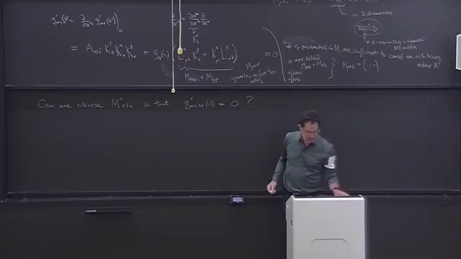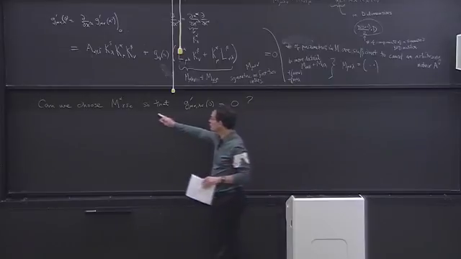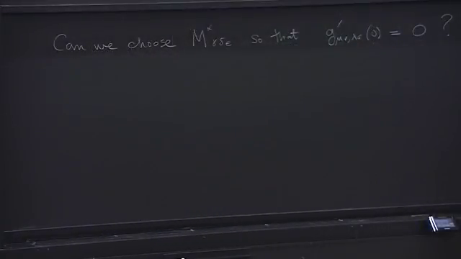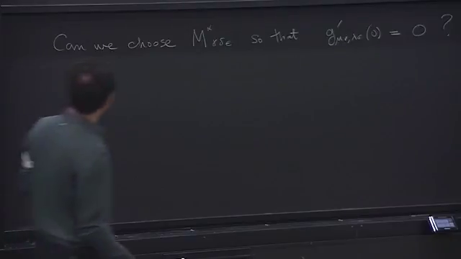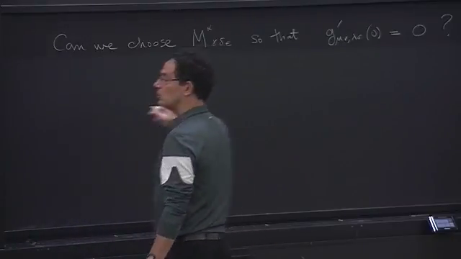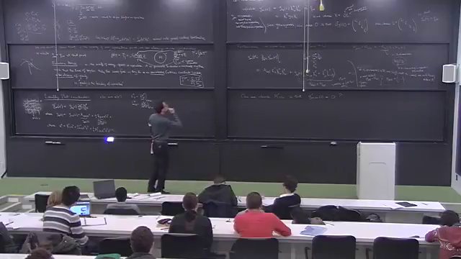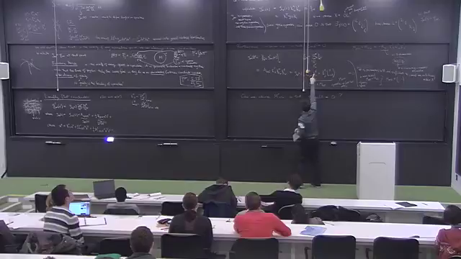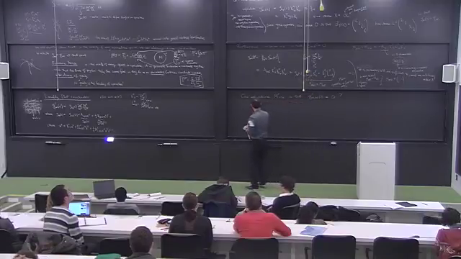Okay, so as I said, I'm not going to do all the algebra to solve for M. I'm just going to count parameters. So the idea is the following. I'm going to use this expression up here. Okay, so let's write down a little bit of it.